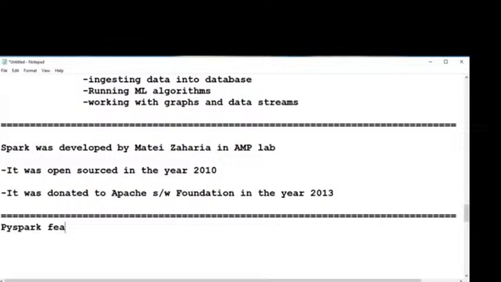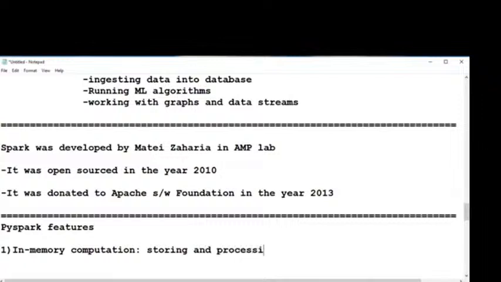PySpark features. First thing is in-memory computation. In-memory computation means storing and processing happening within the memory level, right?